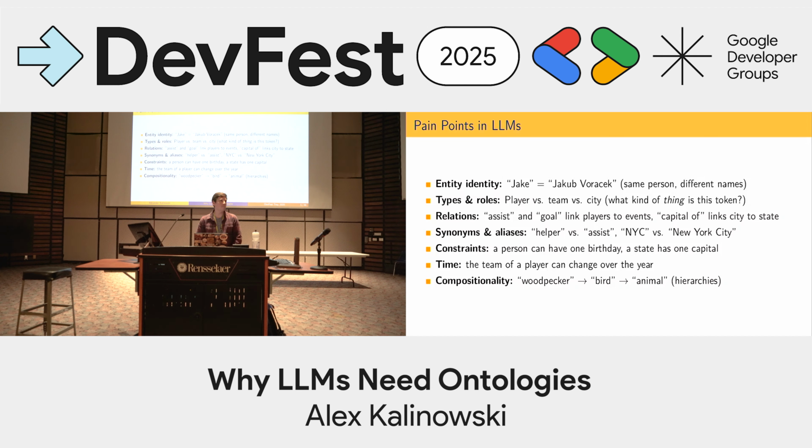So scoring a point or getting a point on your stat line in hockey. And plenty of other things too. Constraints. A person can only have one birthday. The time. A player can switch teams over the course of a season or in between seasons, as well as things like hierarchies. So a woodpecker is a bird, which is an animal.